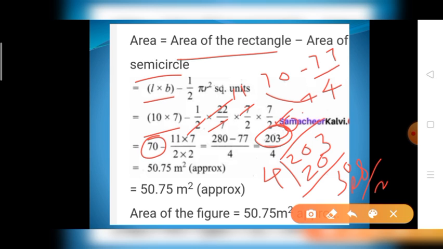Again add 10, 5 4s are 20. The answer is 50.75 meter squared approximately. The area of the figure is equal to 50.75 meter square approximately.